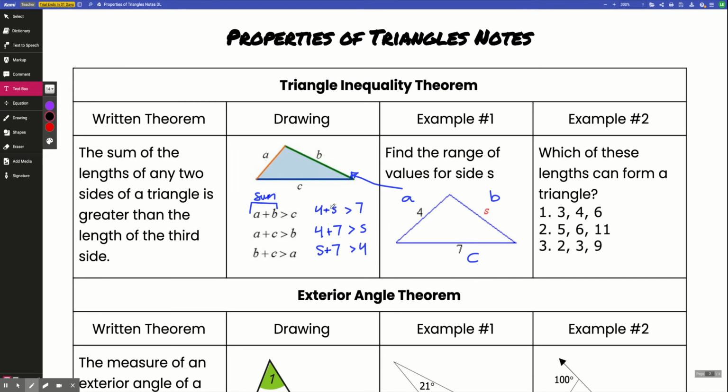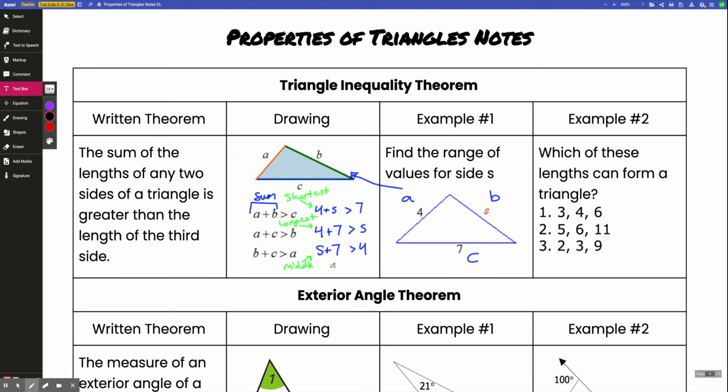Now what I want you to notice is that this first inequality is if S is the shortest side, this one is if S is the longest side, and this bottom one is if S is the middle side.